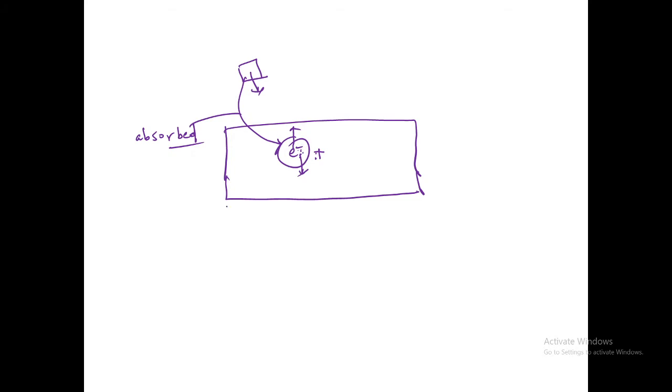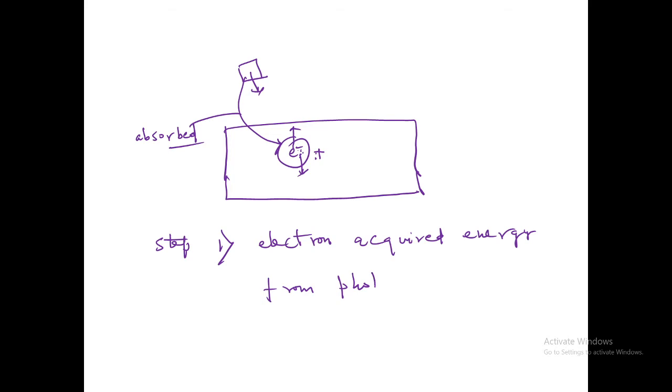So earlier, in the first step, the electron acquired energy from whom? From the photon.